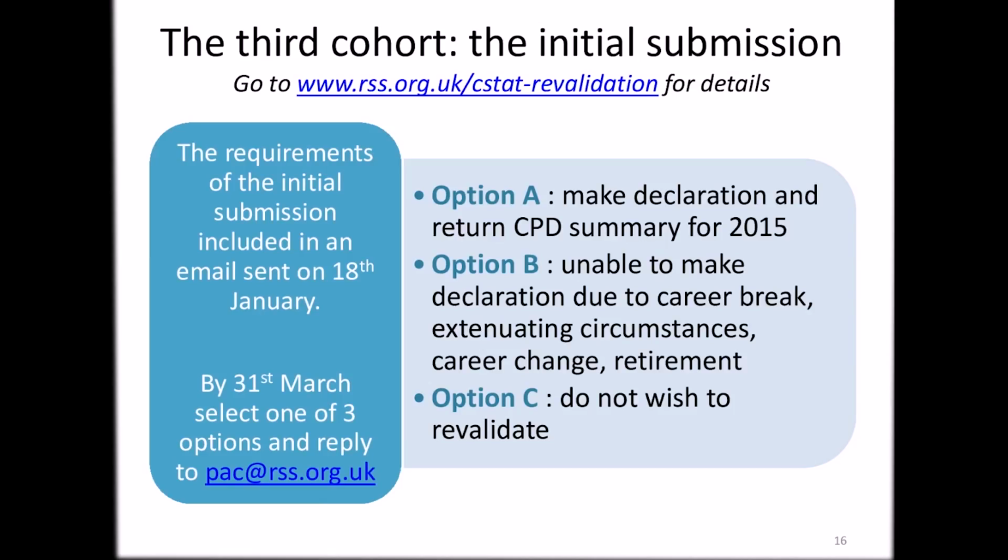If you choose option B, it is indicating that you wish to continue to hold the CStat award, but cannot make the declaration in option A. Usually that's because you're not at the moment professionally active because of a career break, extenuating circumstances, career change, or retirement. And option C is an indication that you do not wish to revalidate. So let's look in more detail at each of these options.